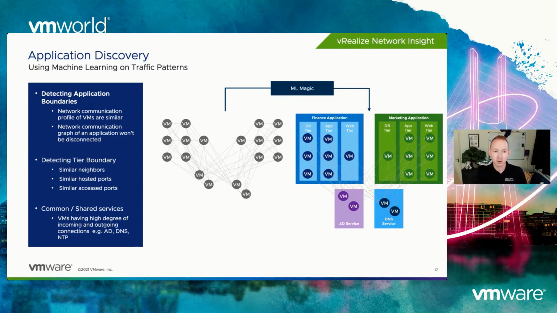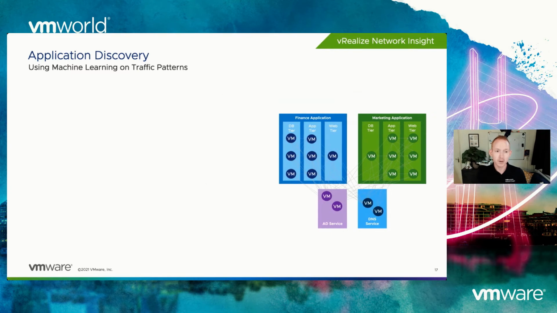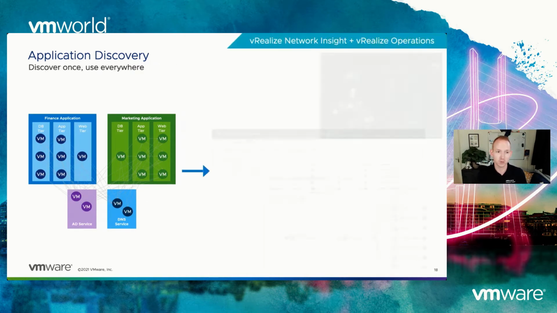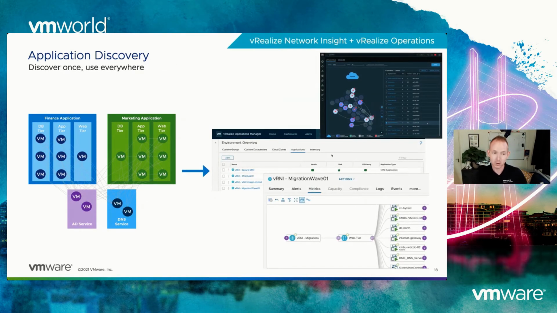And then once that application discovery is done, it's saved into vRealize Network Insight, but then it's shared across all of the vRealize suite. So for example, vRealize Operations will receive those application constructs from vRealize Network Insight, and then you can do your requirements checks, your monitoring, everything that vRealize Operations does, monitoring, capacity planning, what-if scenarios, all of that can be based on those applications.